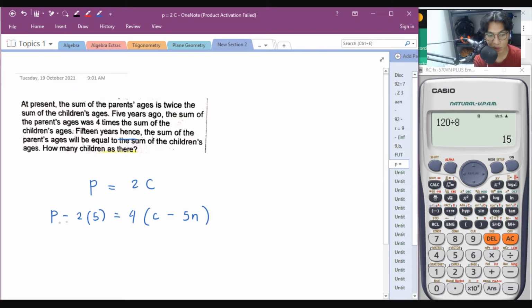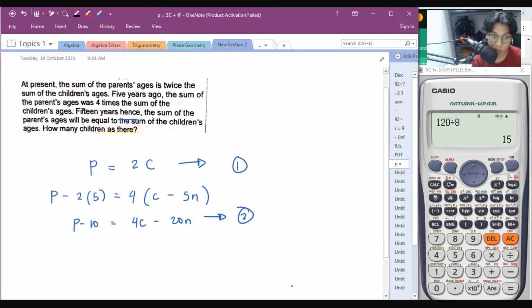Okay. So, we simplify this one. So, this will become P minus 10 equal to 4C minus 20N. Okay? Ito yung condition 1, condition 2. Now, nagbigay pa na isa condition. 15 years hence, what will happen? So, 15 years. Okay, additive yan.